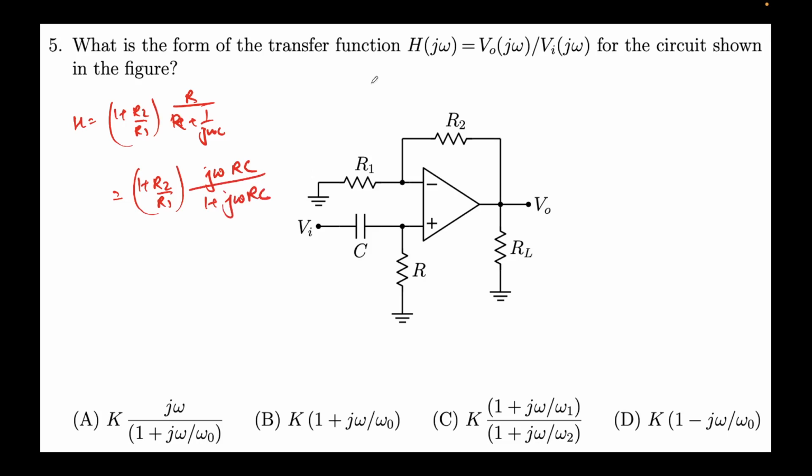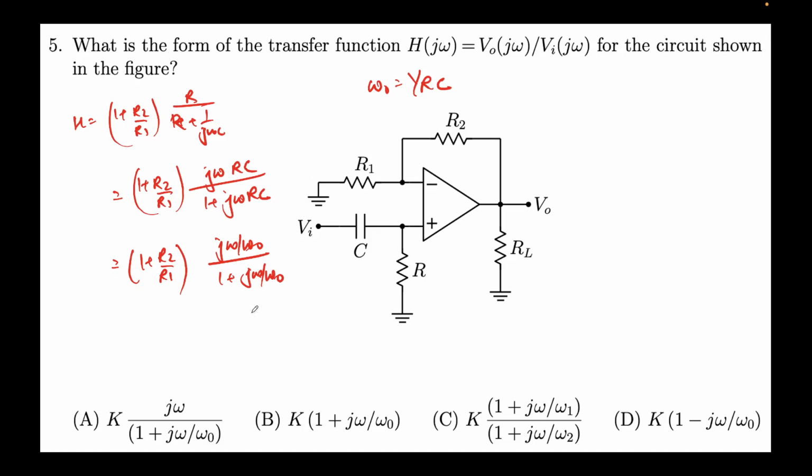Now I'll take omega naught equal to 1 over RC. This format now reduces to 1 plus R2 over R1 times j omega by omega naught over 1 plus j omega by omega naught.